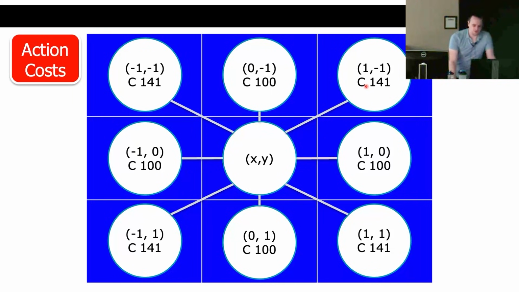And so if we take the square root of 2, which is 1.412 or something like that, I just multiplied it by 100 so you can get integers. So when you're seeing your costs and stuff, you're not printing a million decimal points. So these are the action costs, and I'll explain how you get those in the assignment when we get to that.